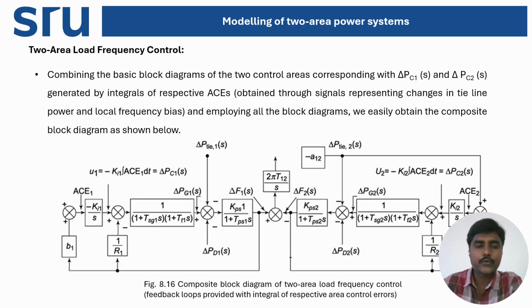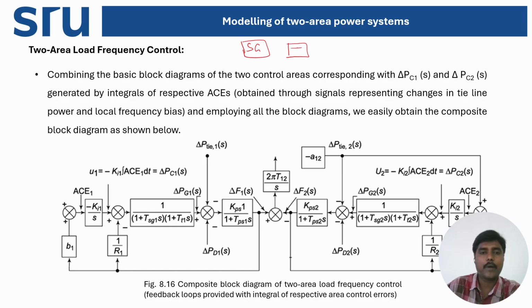So now what we can do, once we have obtained these two area control error signals of two cases separately, we can combine those two and make them into one single block diagram. In the previous lectures we developed a mathematical model, first for the speed governor, then for the turbine, and then for the generator as well as load.